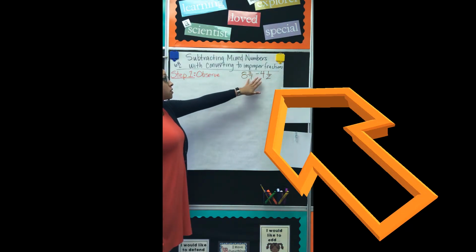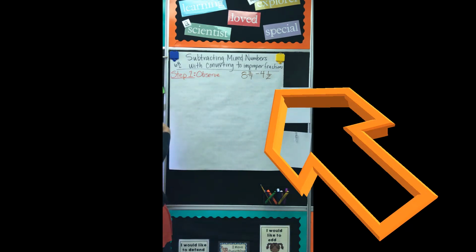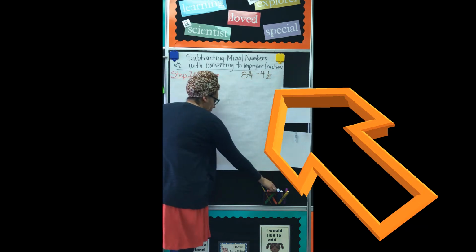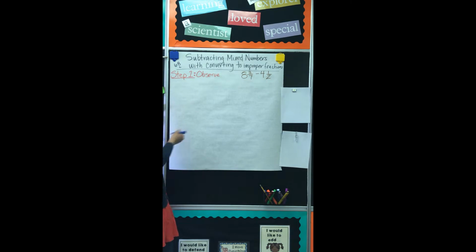Hopefully then we observed that we do not have the same denominators. Maybe we observed that this is a unit fraction. We noticed that these are both mixed numbers. So since we recognize that this is subtraction and these aren't the same, our next step is going to be for us to find the least common denominator.